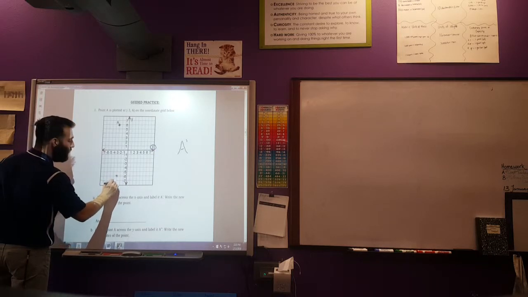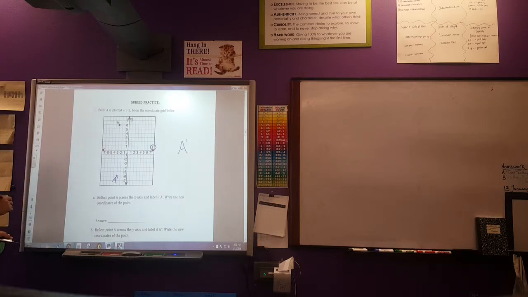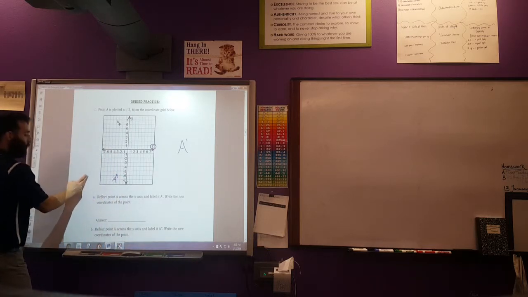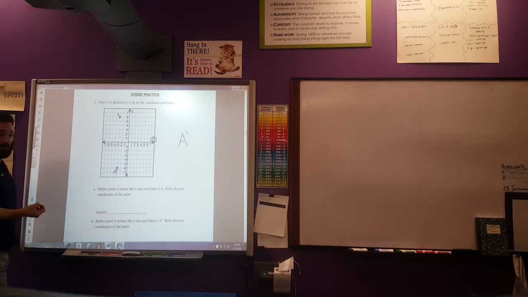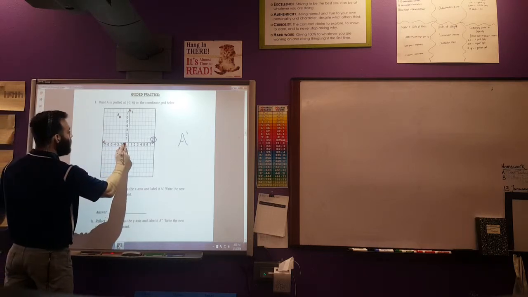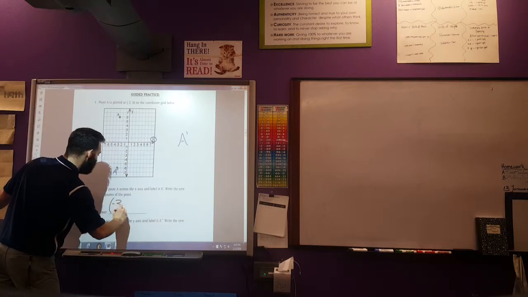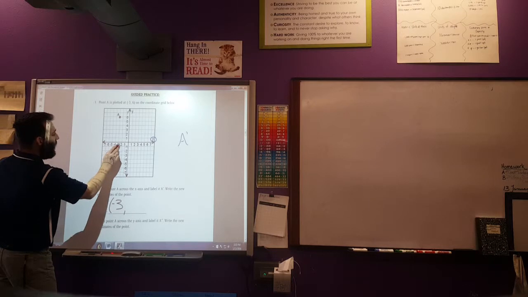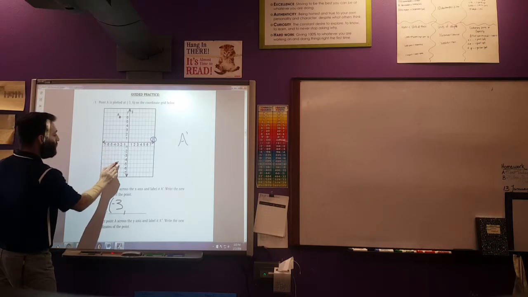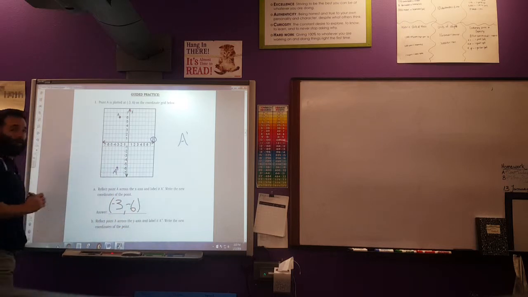And this is my point A dash. And now I'm being asked to write my new coordinates. So I run before I jump. So I'm going to run backwards 1, 2, 3, -3. And I'm going to jump down 1, 2, 3, 4, 5, 6. I'm going to jump down -6.